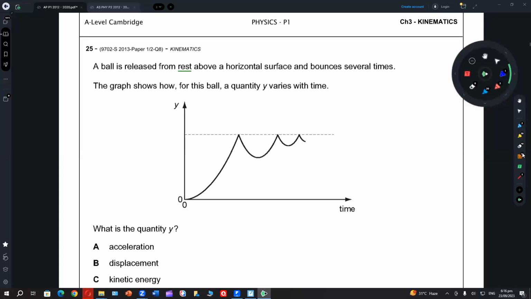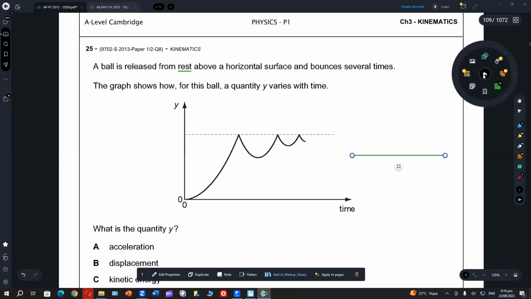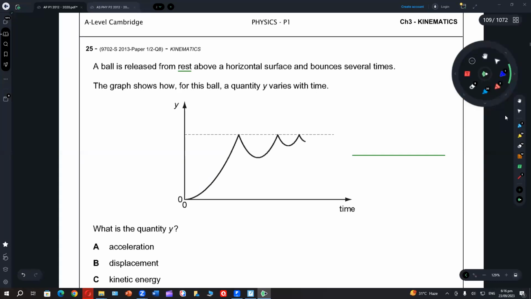He says that a ball is released from rest above a horizontal surface and it bounces many times. What I always do, as you have seen, is try to simulate the situation. I have a surface and I drop the ball. Dropping the ball was a very famous case in our old paper.